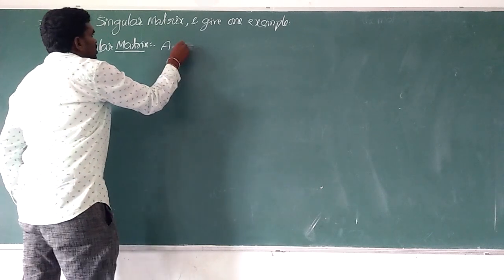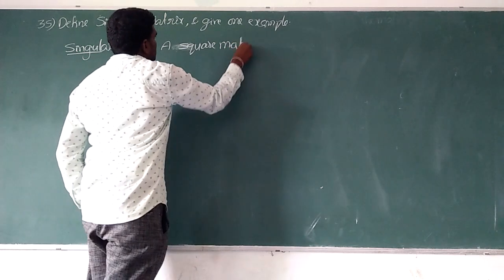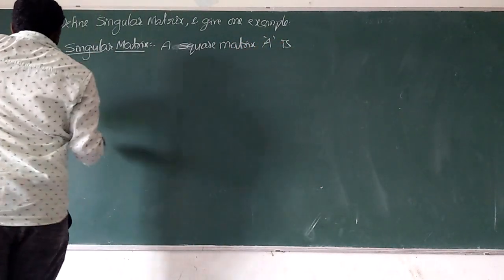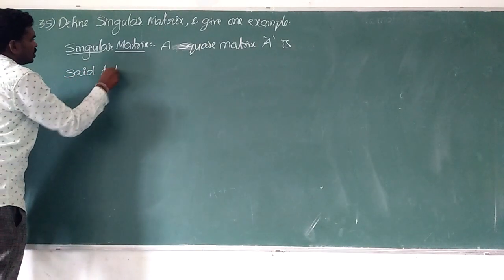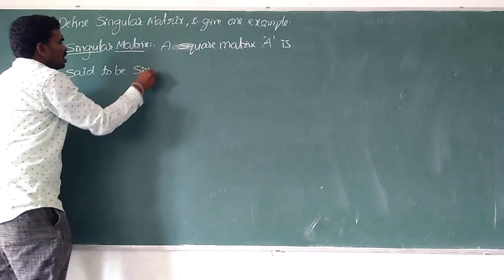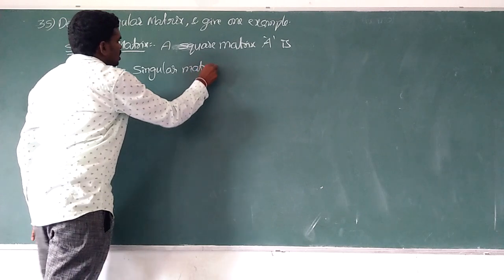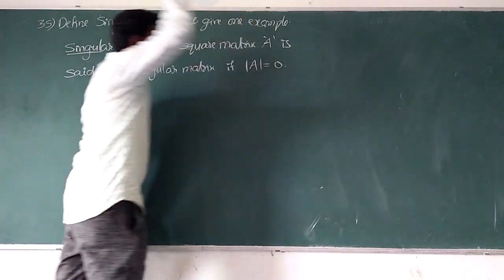A square matrix capital A is said to be singular if det A equals 0. That's it.